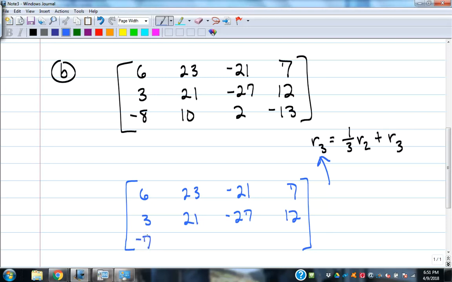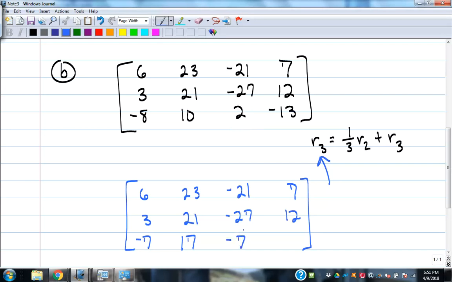Negative 7. Good. Take 1/3 of 21. It's 7, right? 7 plus 10, 17. Take 1/3 of negative 27. That'd be negative 9 plus 2.